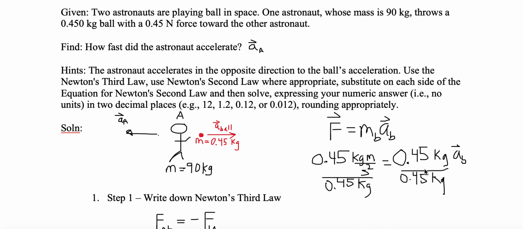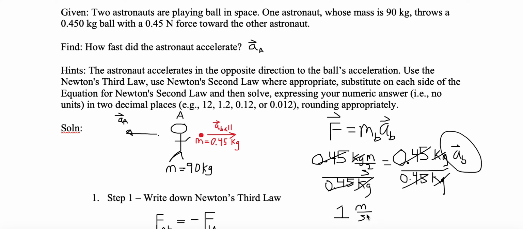So let's work on the right-hand side. The number cancels as well as the unit, leaving us what it is that we want to solve for, which is the acceleration of the ball. Now the unit over here cancels as well as the number. So we're left with the number 1 on the left-hand side, and the units we're left with are meters per second squared.